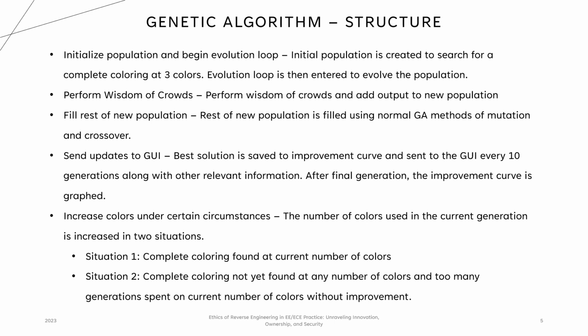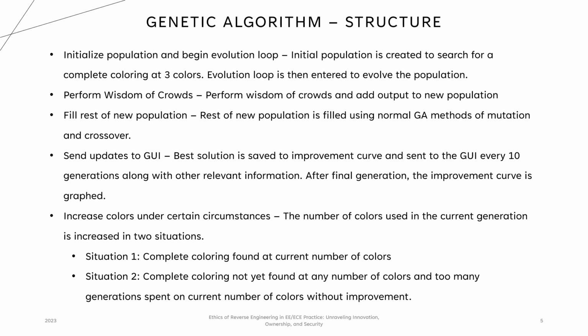So first in the evolution loop, wisdom of crowds is performed. And after that output is added back, replacing 10% of the population as discussed before, the rest of the new population is filled using the normal genetic algorithm methods of mutation and crossover that I discussed a couple slides back.